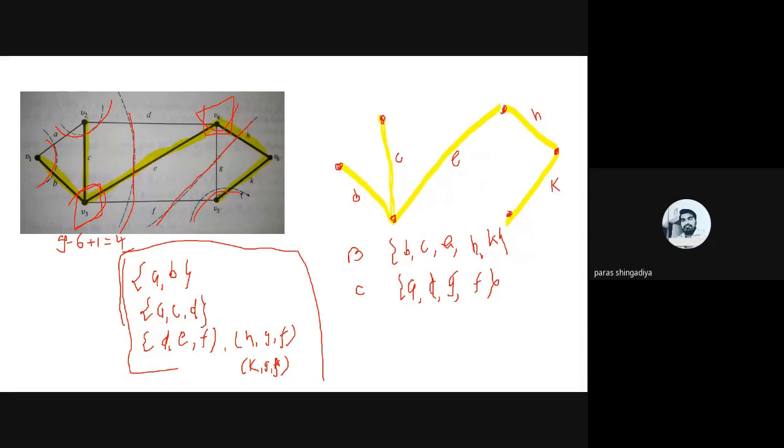Is it clear to all of you? Is there any doubt? Are the definitions and the example clear or not? Is there any doubt to anyone?